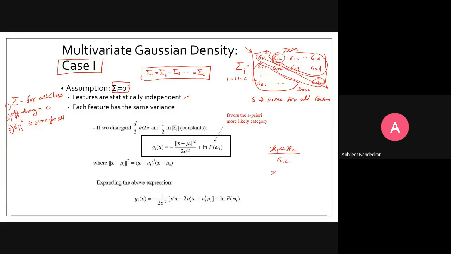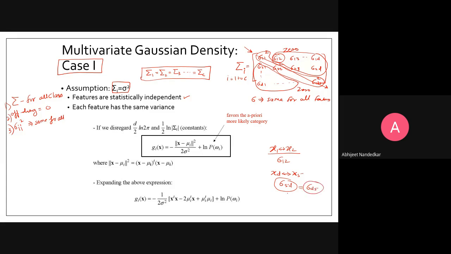Now suppose I have xd and let us say x5, these two variables, then sigma 5d will discuss the relation between the fifth feature and the dth feature. Note that sigma 5d is equal to sigma d5.